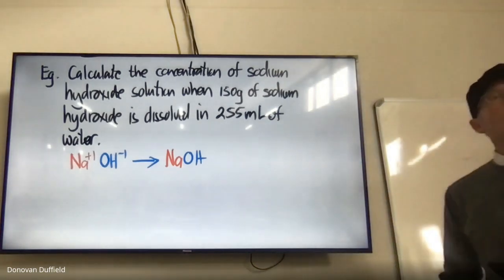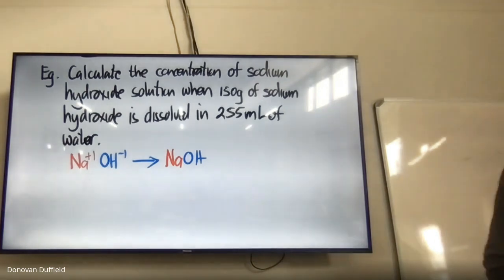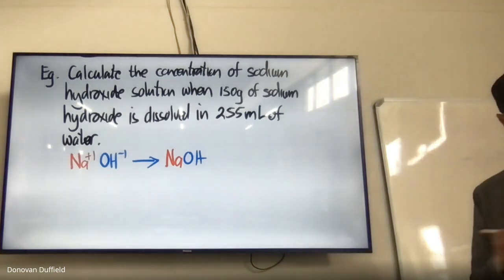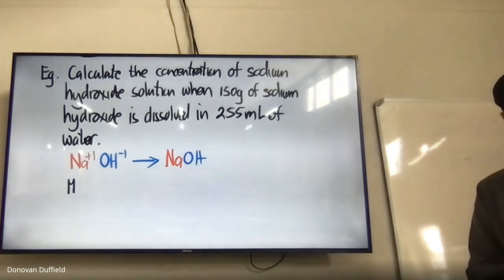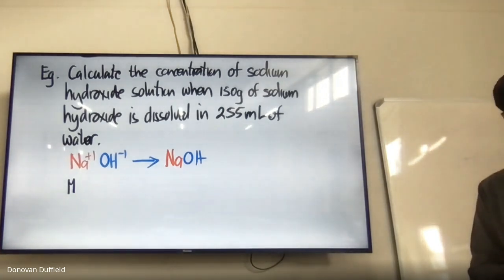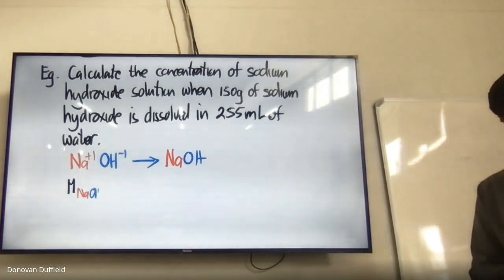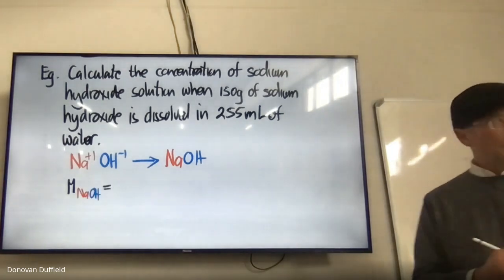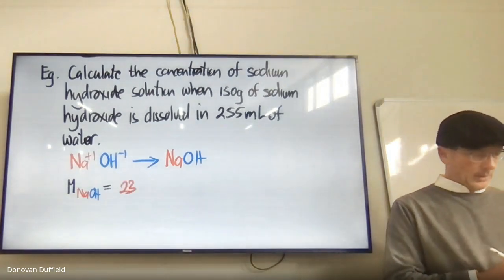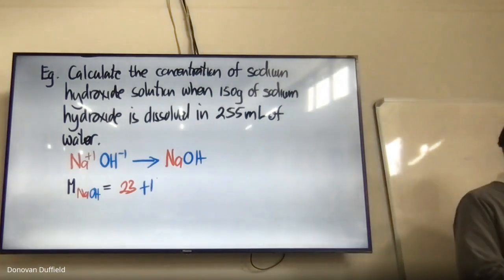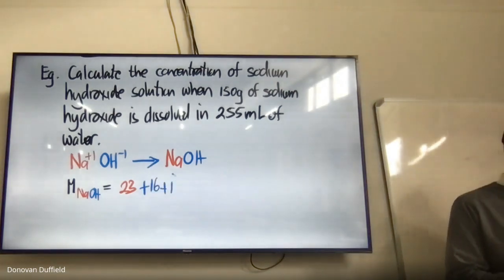So therefore, what is the molar mass of sodium hydroxide? Sodium is 23, oxygen is 16, and hydrogen is 1.